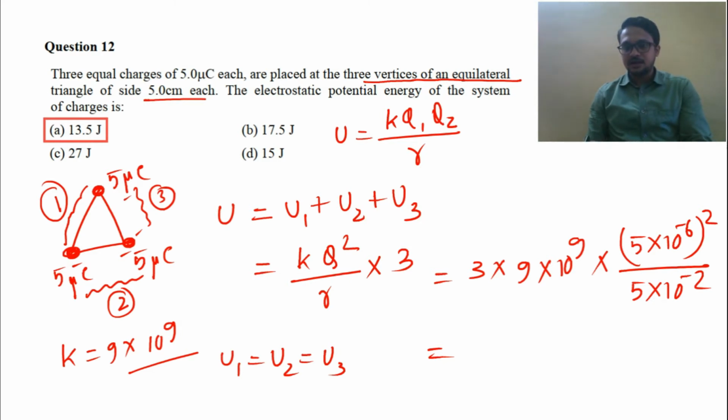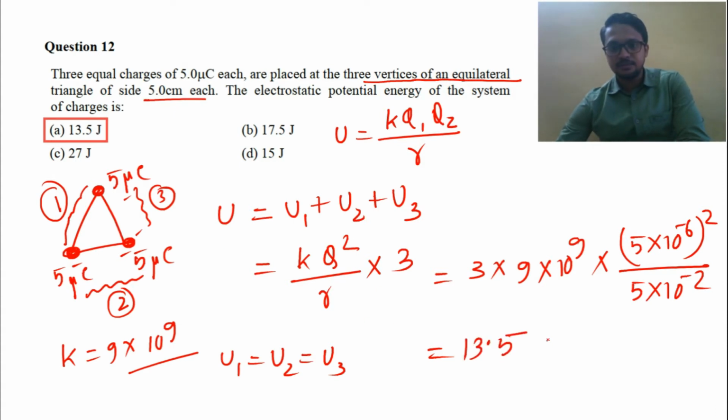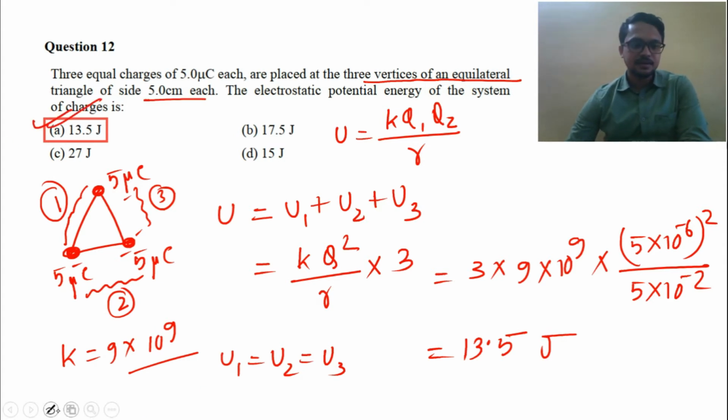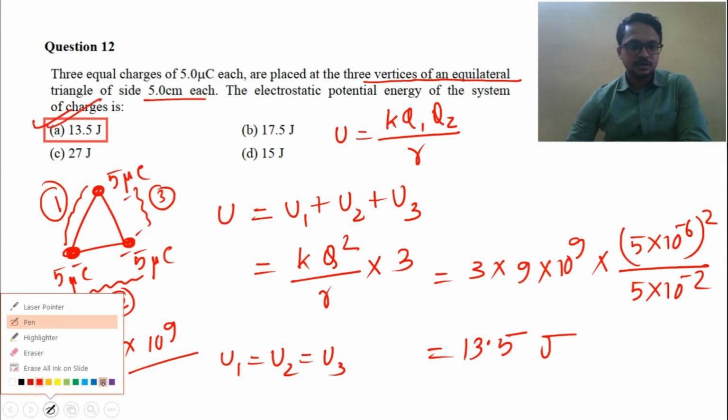So 3 into 9 into 10 to the power 9 into 5 square, 25 into 10 to the power minus 12, divided by 5 into 10 to the power minus 2. So we are getting the answer 13.5 joule. So our correct answer is this. Fine. Going to the next question.